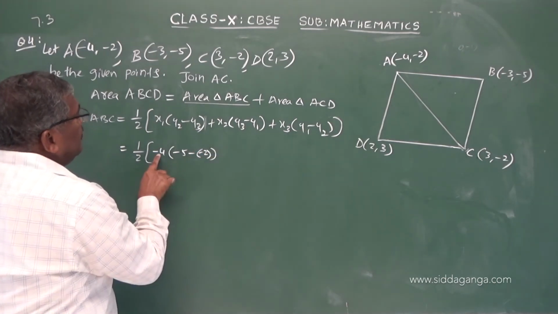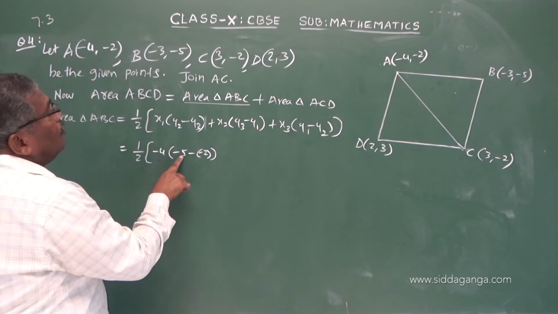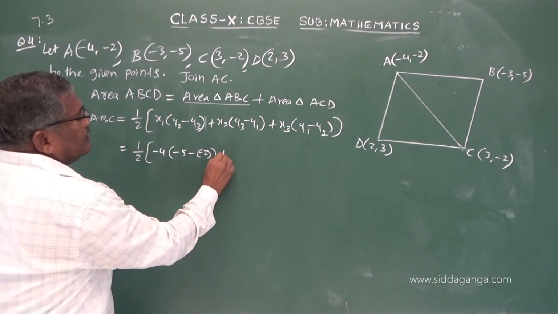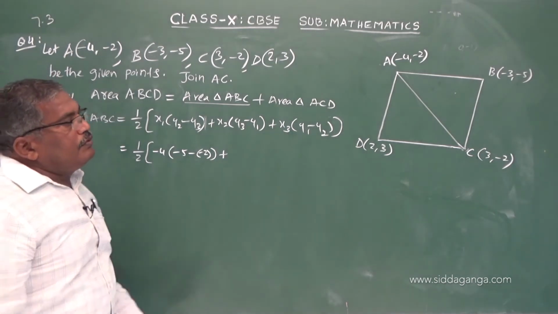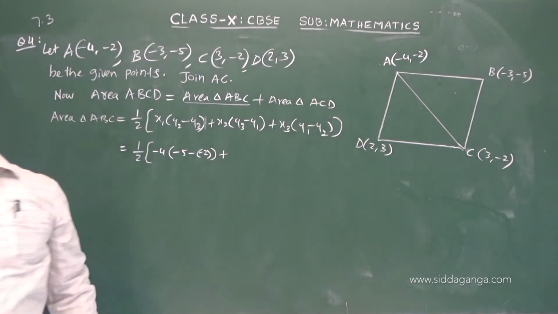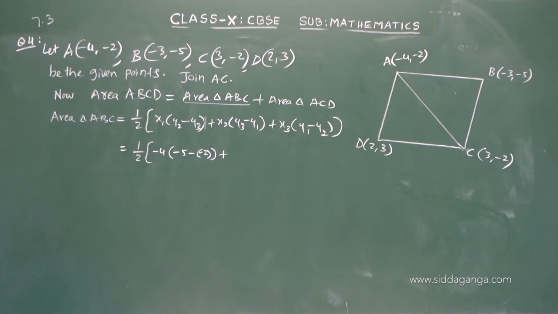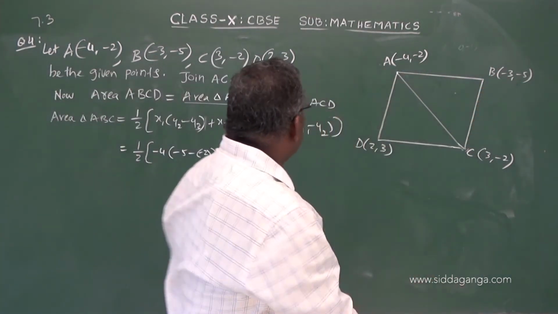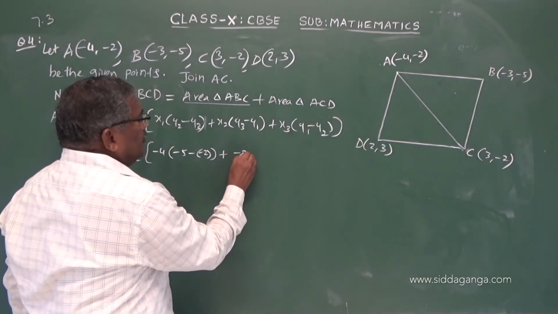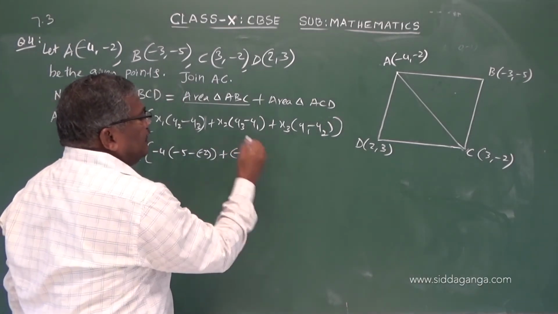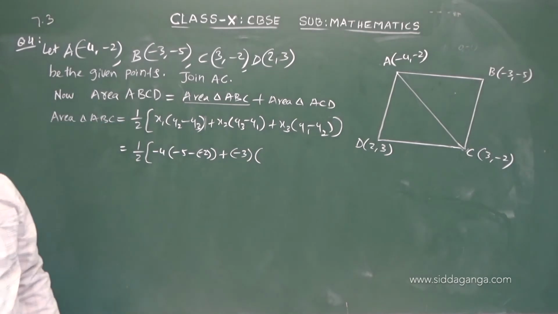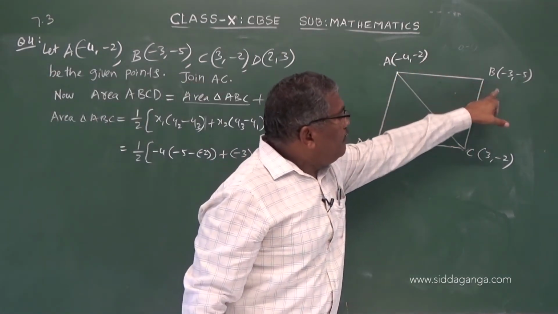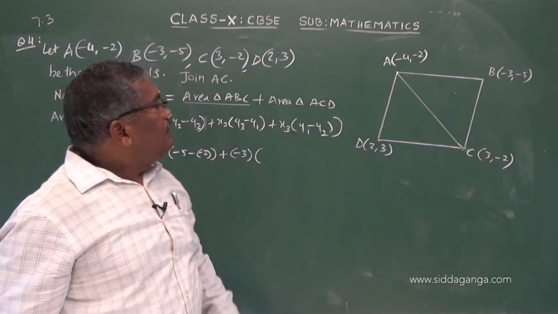So this is x1 into y2 minus y3 plus x2 into, this is x2, that is minus 3, into, this is x1 y1, x2 y2, x3 y3.